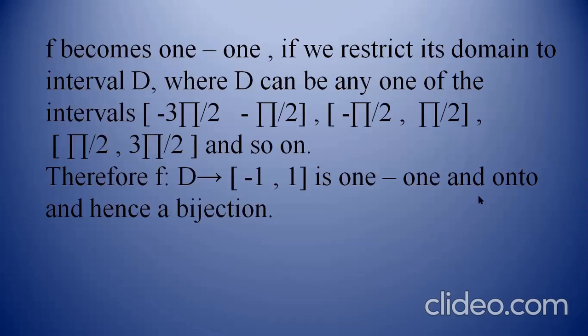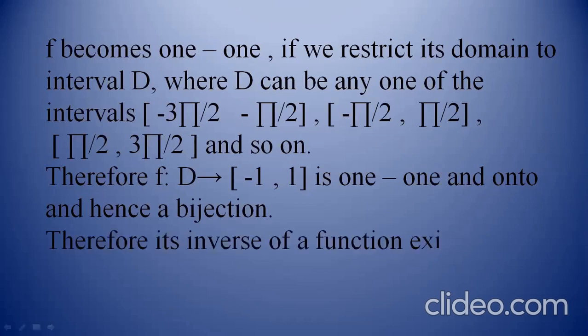If any function is 1-1 and onto function, it is known as the bijective function. And if the function is 1-1 and onto, we can say its inverse exists. So for the inverse to exist, the function must be 1-1 and onto.